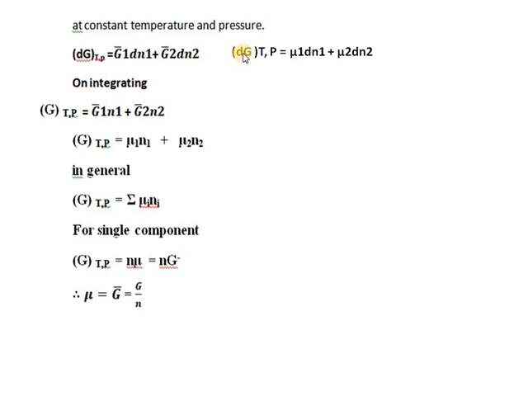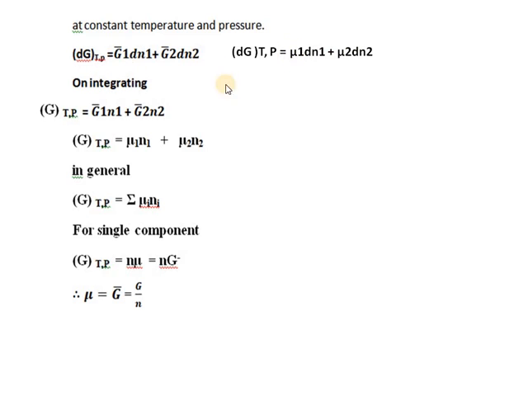Similarly, in terms of chemical potentials, dZ at a constant temperature and pressure is equal to mu1 dn1 plus mu2 dn2.